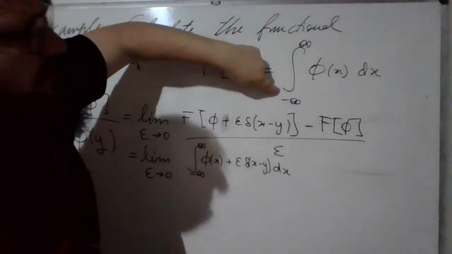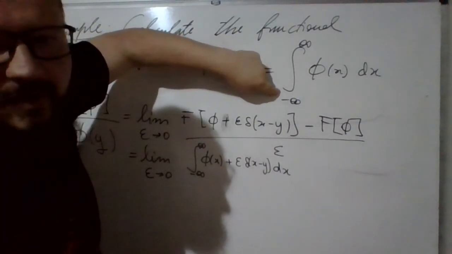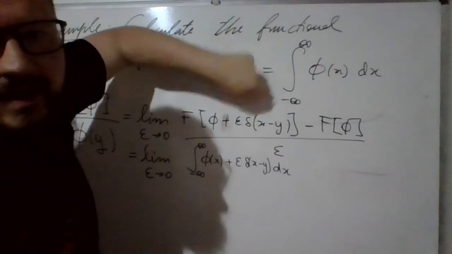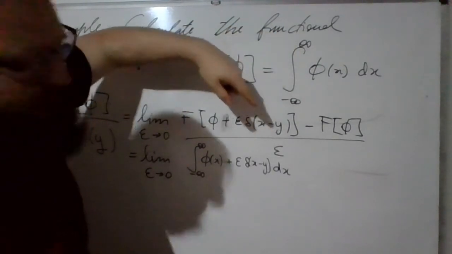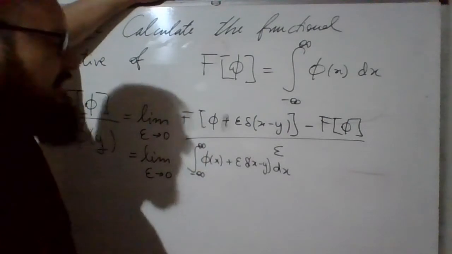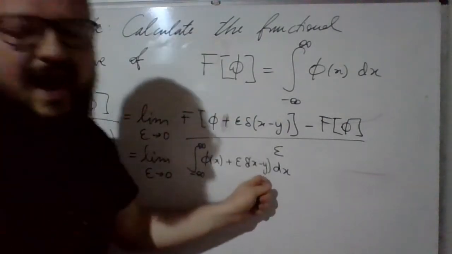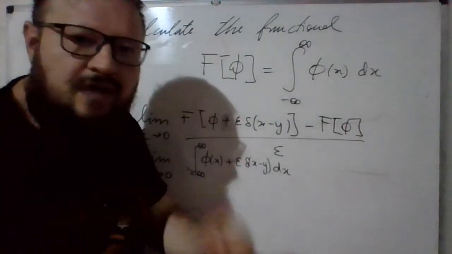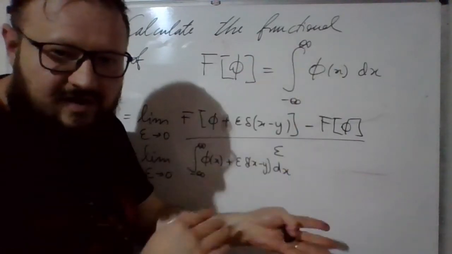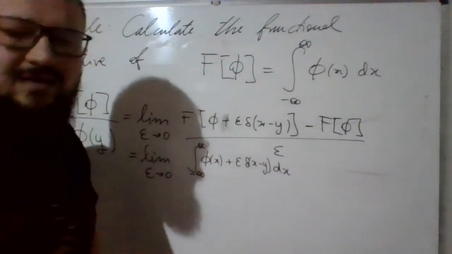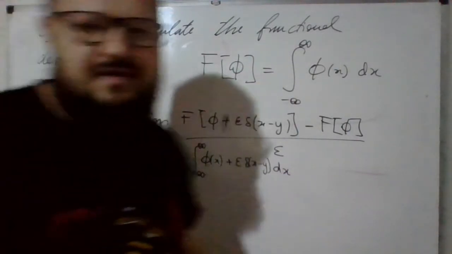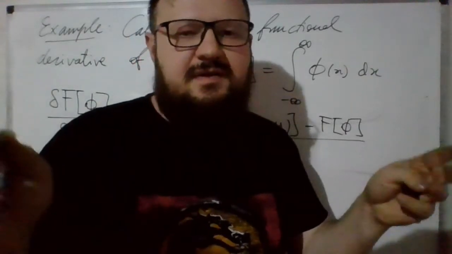If the interval is from a to b, a and b not going to infinity, of course, this y must be considered inside the interval a to b. Okay, you need to variate the function in the allowed interval.